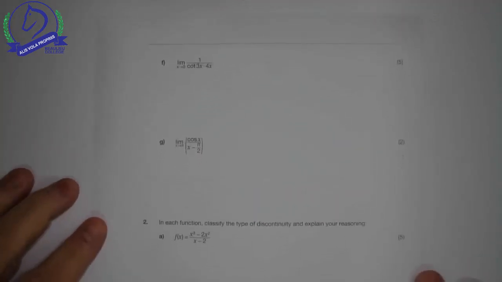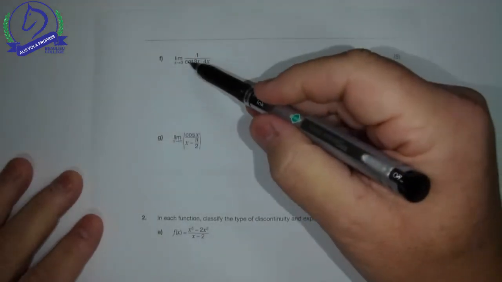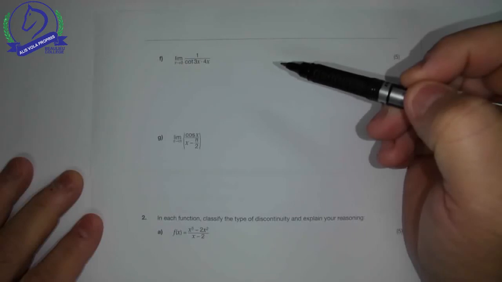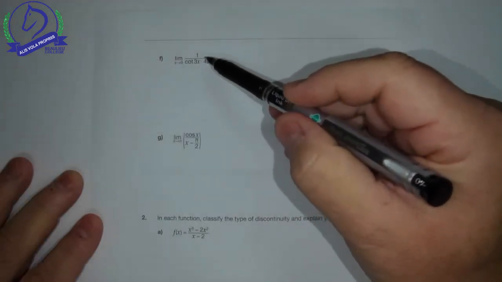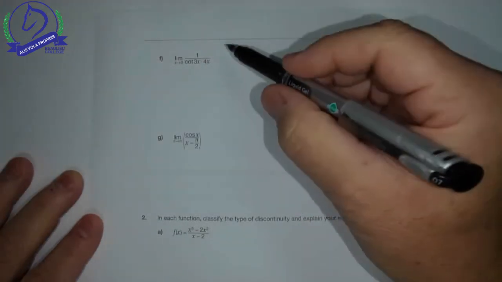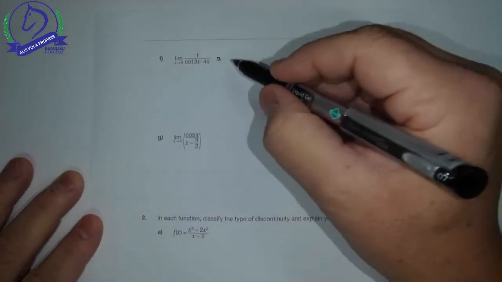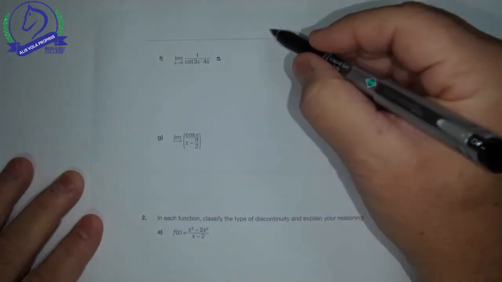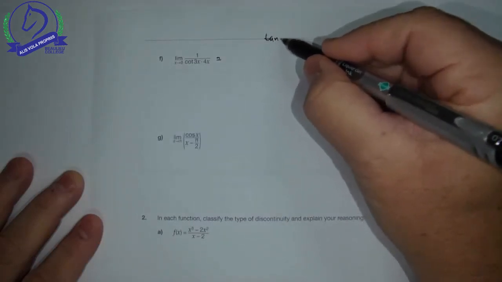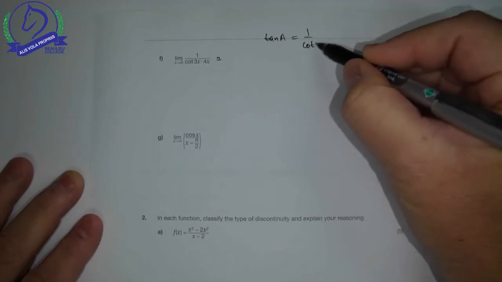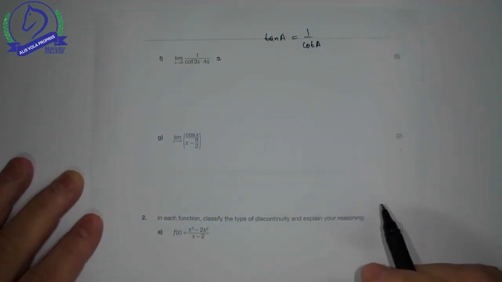So here we have the limit when x tends to 0 of 1 over the cot of 3x over 4x. Okay, so what I could do in this case is, remember that the tan and the cot are the reciprocal of one another in terms of trigonometry.